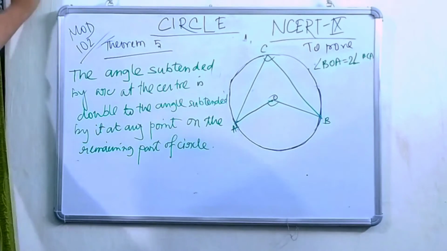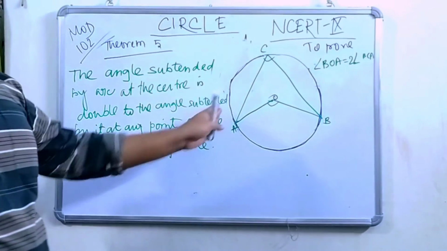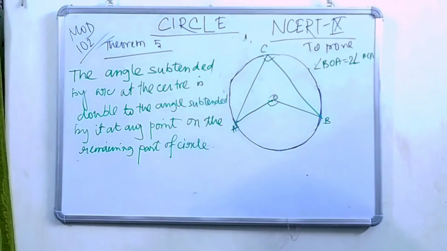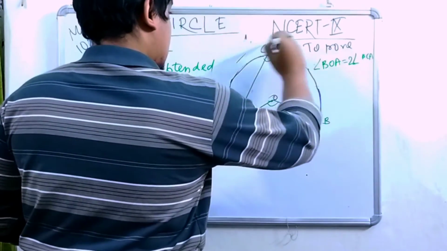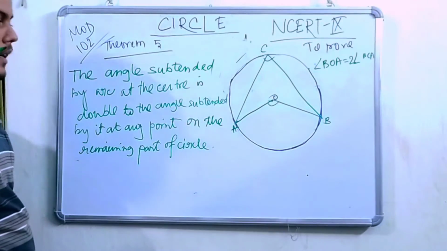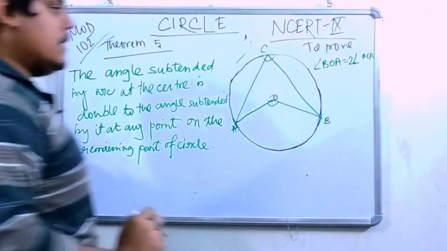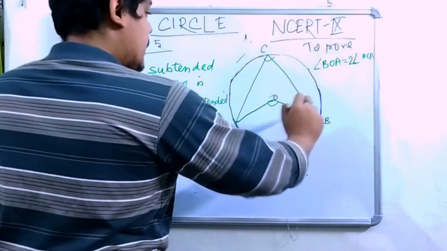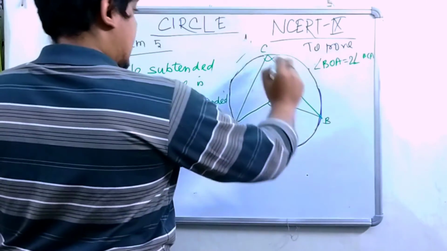So guys, in this theorem, it is a circle here. Now I have taken an arc here. That arc is ACB. And there is a line passing from the center, so the angles created by the radius from the center. So angle AOB, and we have another one to the arc, angle ACB.